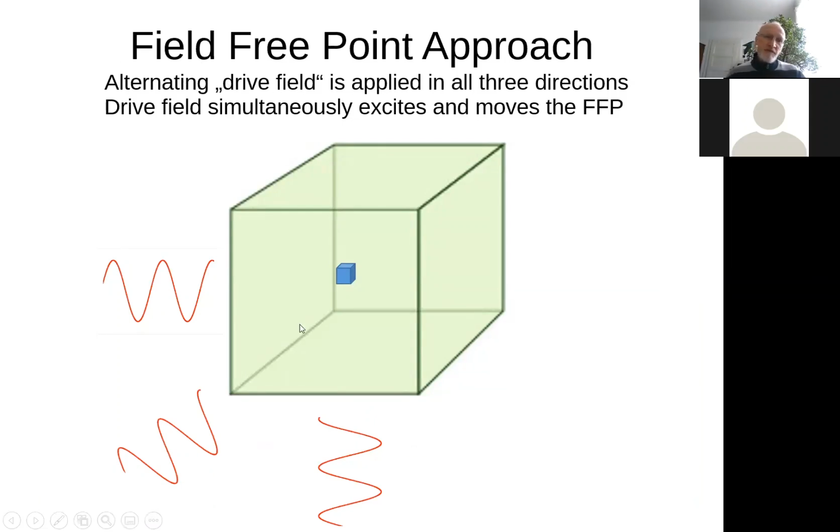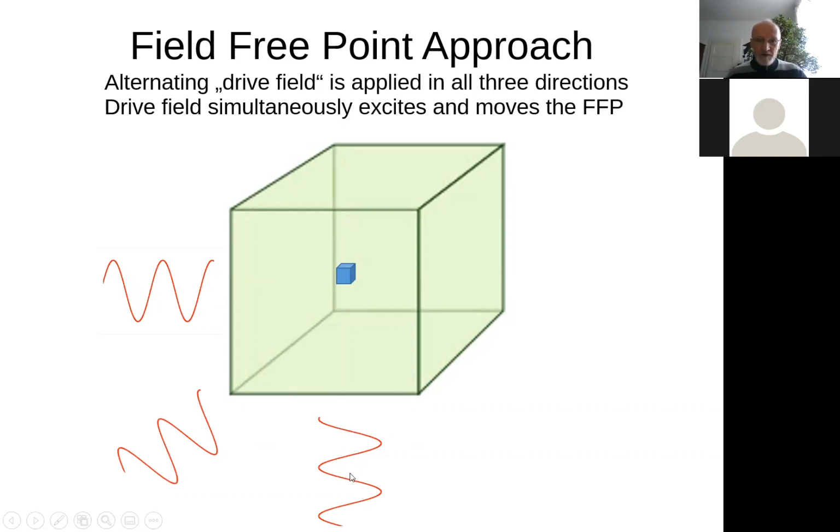I can apply drive fields from different directions at once. So I will use 3 drive fields from 3 orthogonal directions. And I can imagine that one field excites the particles, while the other 2 are moving the field-free point, because at the beginning with the gradients, I have the field-free point in the middle.